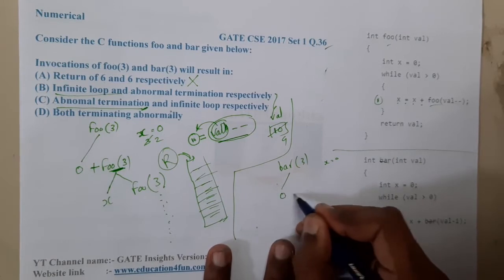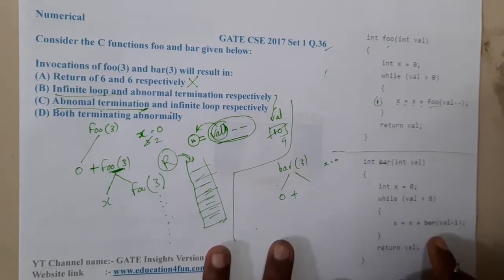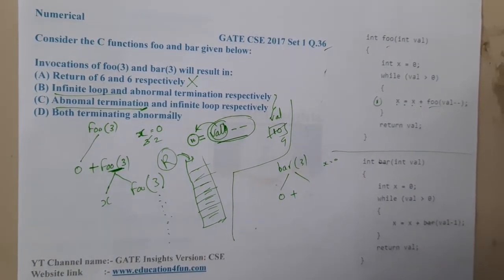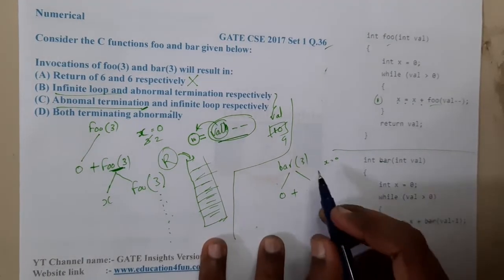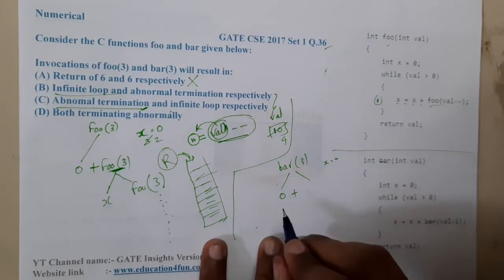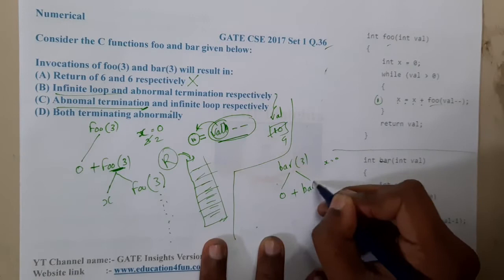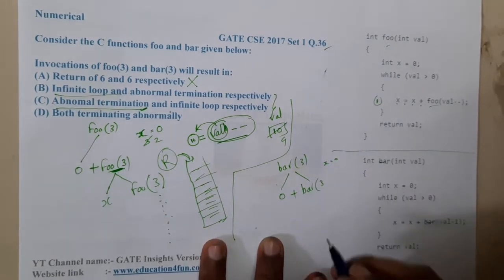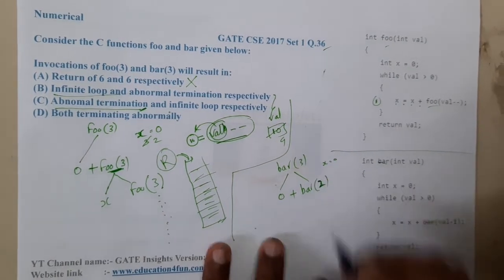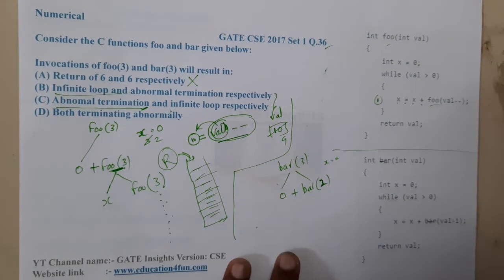You are doing 0 plus bar of val minus 1. The value of val is 3, so bar of 3 minus 1, which is 2. So you are calling bar of 2.